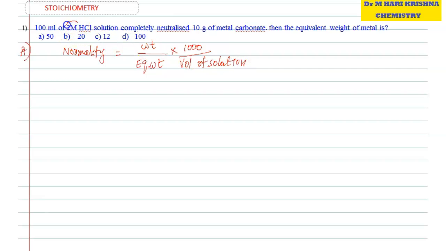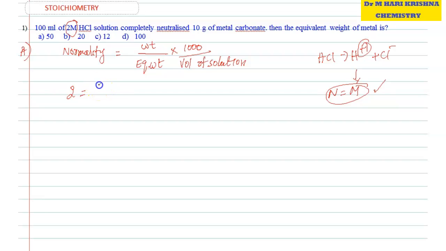Here they have given 2 molarity, but we need normality. In the case of HCl, univalent, it gives H plus and Cl minus. So plus 1 valency means normality equal to molarity. So we can use the molarity value as normality also. So here normality is 2.